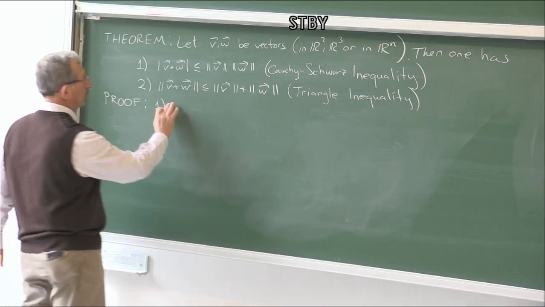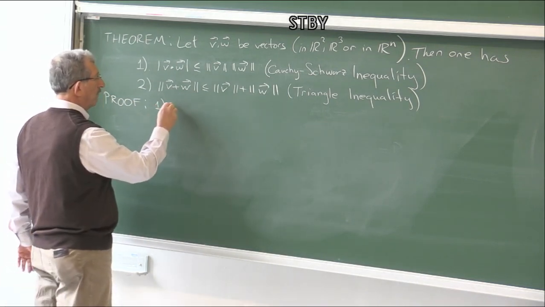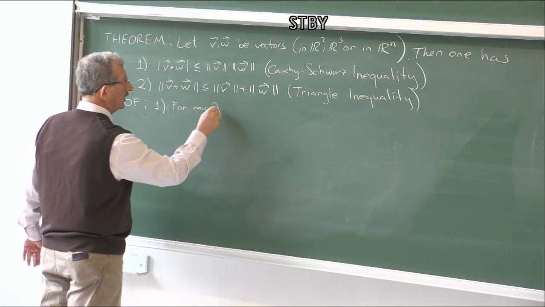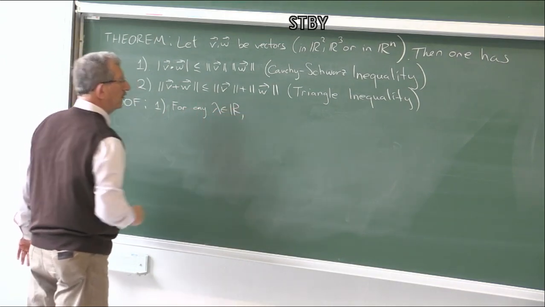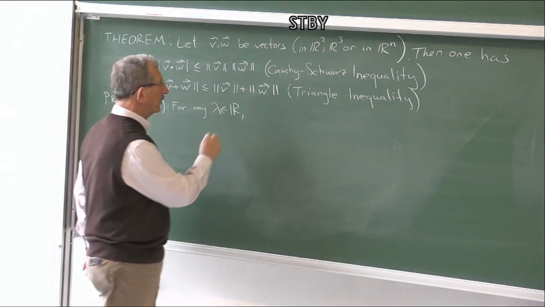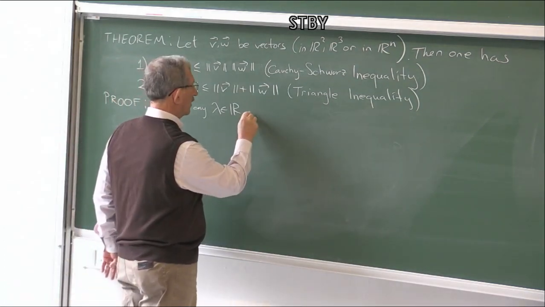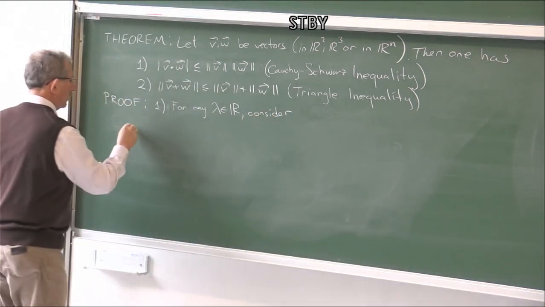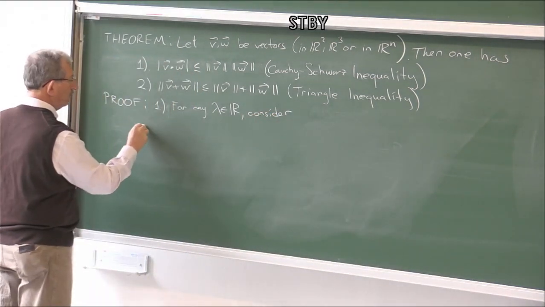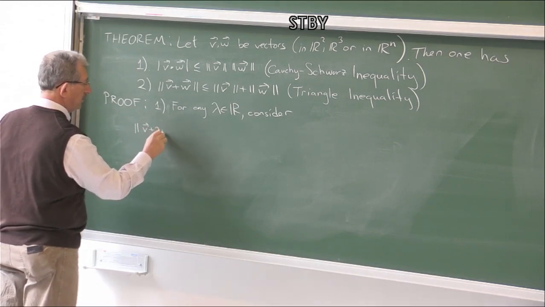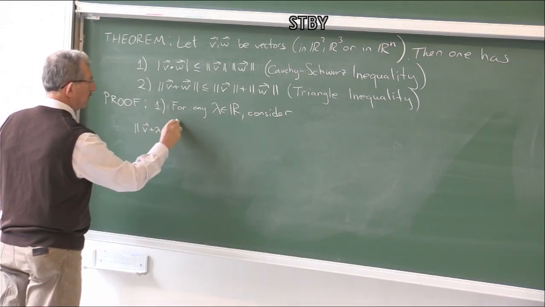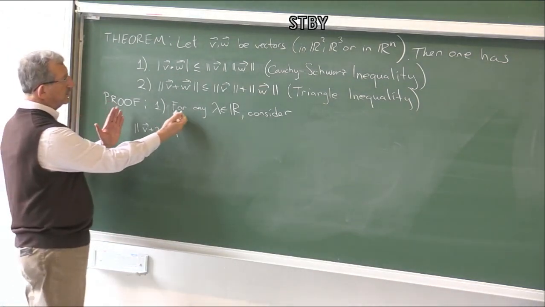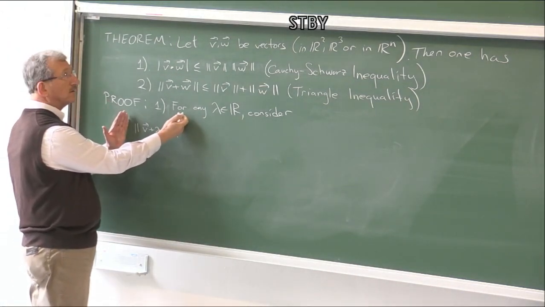For one, for any lambda number in R, consider the norm of v plus lambda w squared. Now, this is the length of this vector squared, so it is not negative.